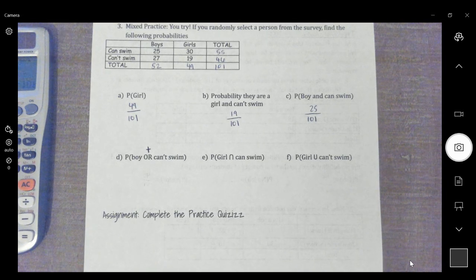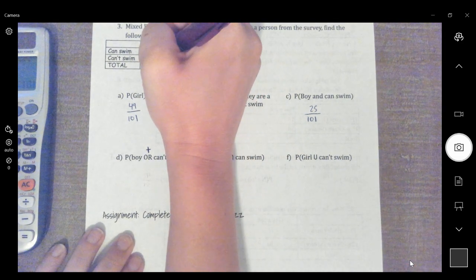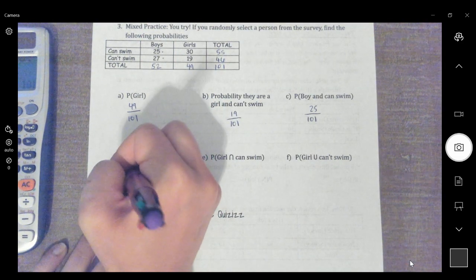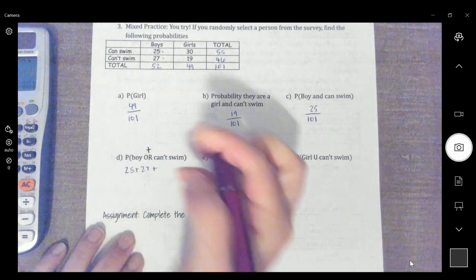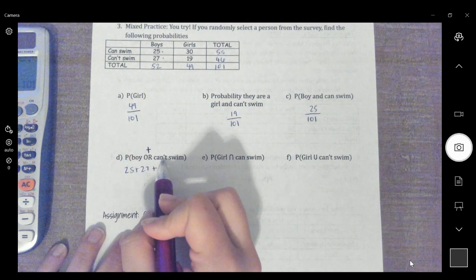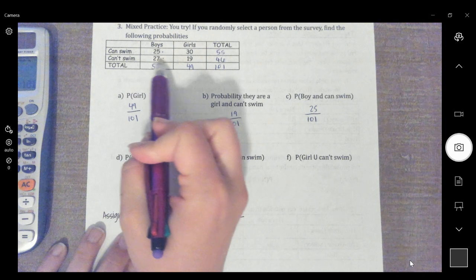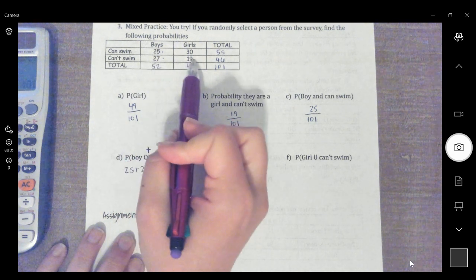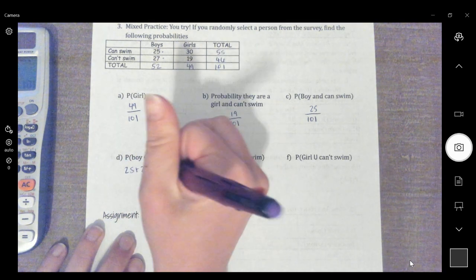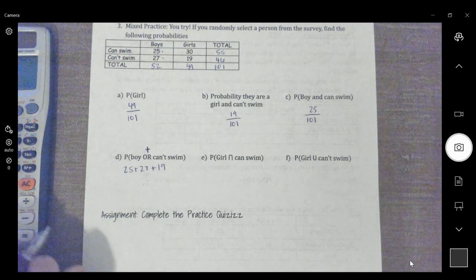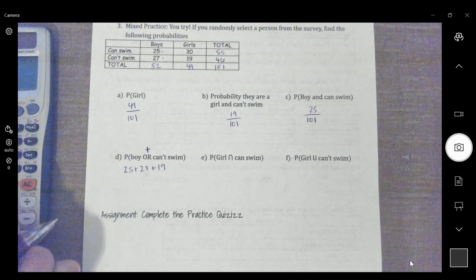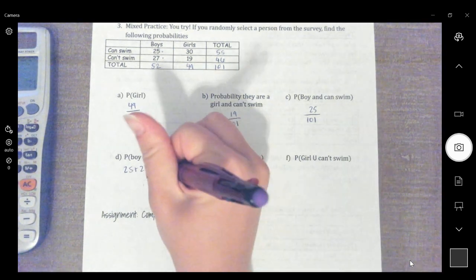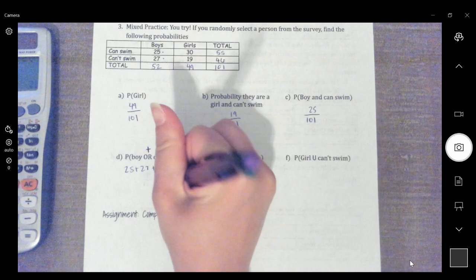So boys have 25 plus 27, plus anyone that can't swim. I've already counted the 27, so I have another 19. So 25 plus 27 plus 19 is 71 out of the 101.